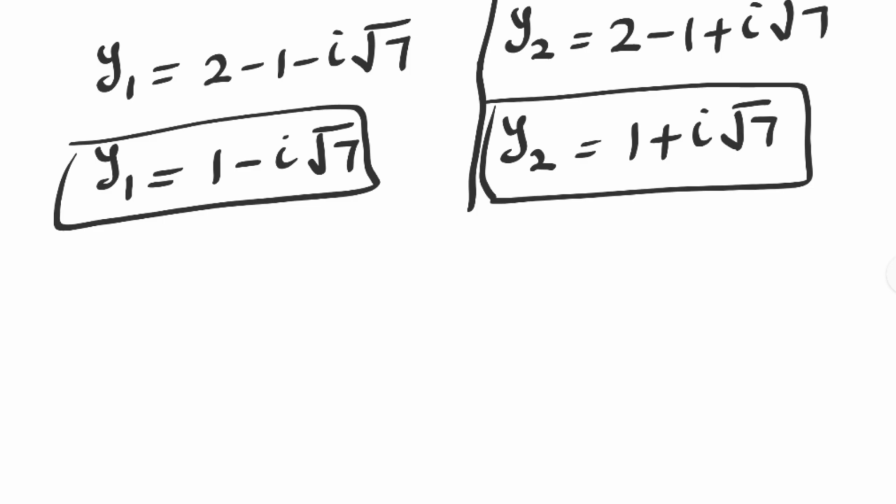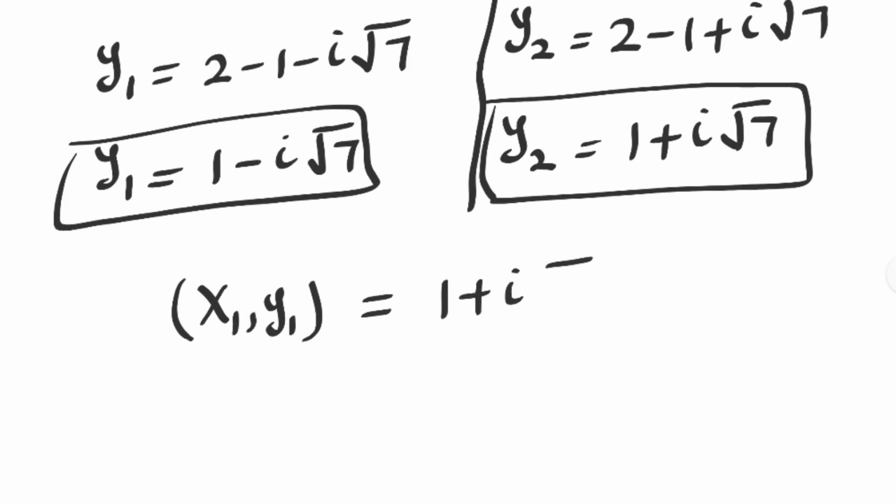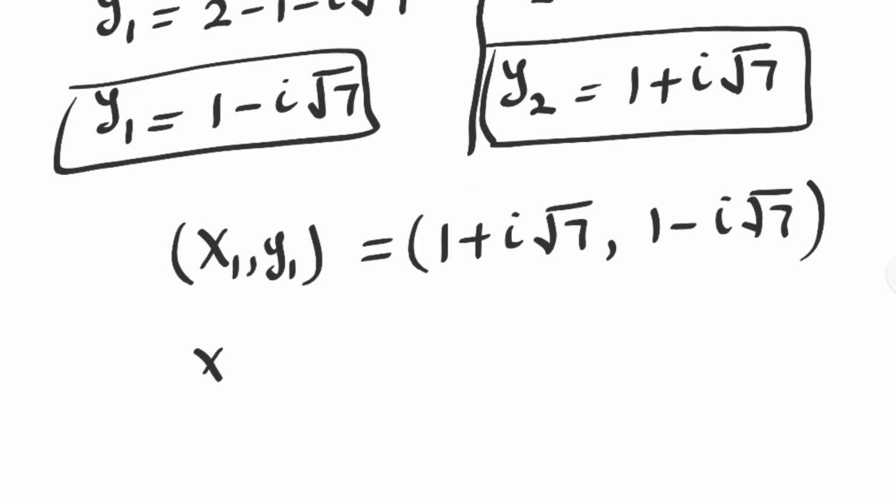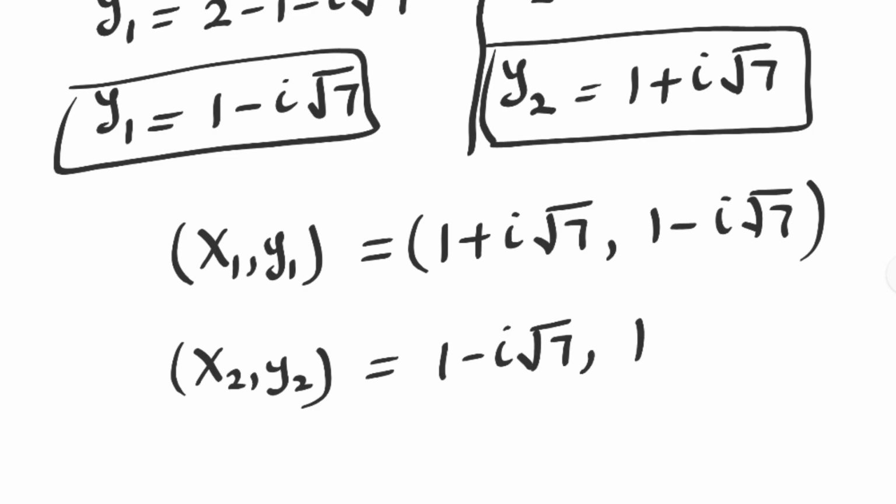Therefore, our final answers are x1, y1 is equal to 1 plus i root 7, 1 minus i root 7. Then x2, y2 is equal to 1 minus i root 7, 1 plus i root 7.